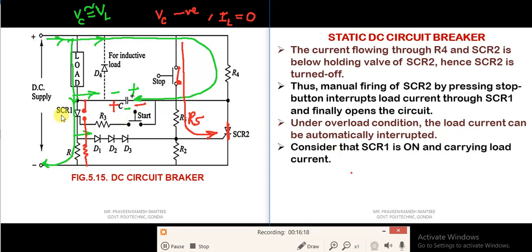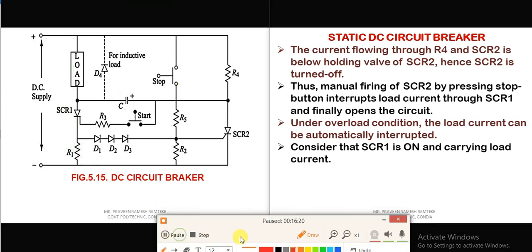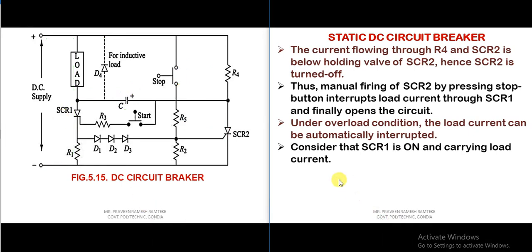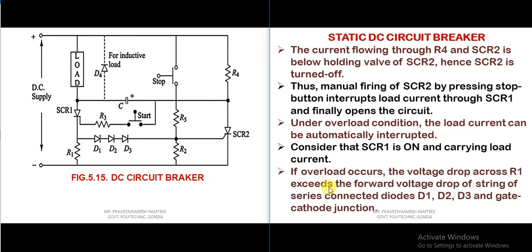Now let us suppose that SCR1 is on and carrying the load current. Considering that SCR1 is carrying the load current, if overload occurs, the voltage across resistor R1 exceeds the forward voltage drop of the string of series connected diodes and the gate to cathode junction.